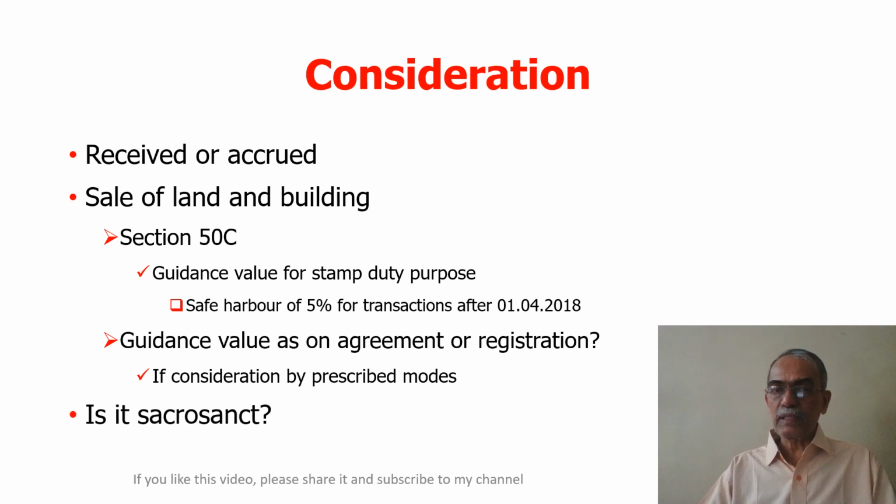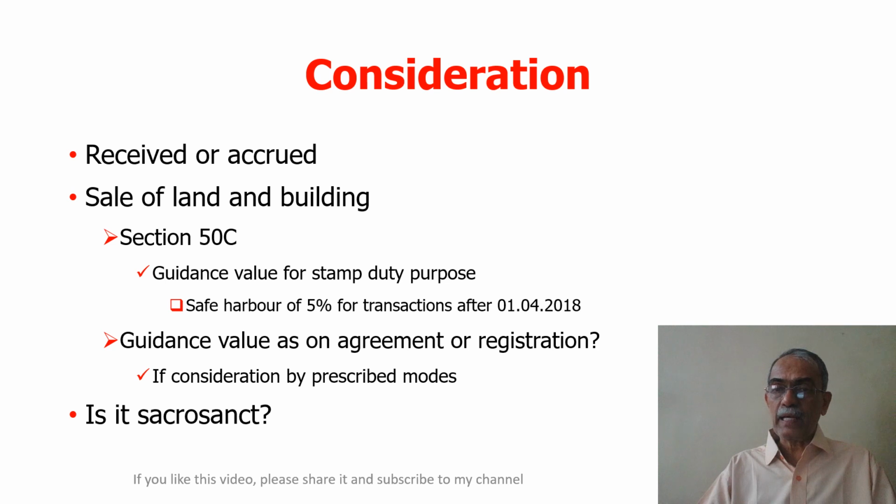Then the question is whether this guidance value would be sacrosanct. Now, the Income Tax Act provides that in case the guidance value has been fixed and the assessee does not contest it before the revenue authorities, the taxpayer accepts the guidance value but disputes it before the assessing officer. Now, how can this happen? Because guidance value is always fixed with reference to an area and not with reference to any particular property.